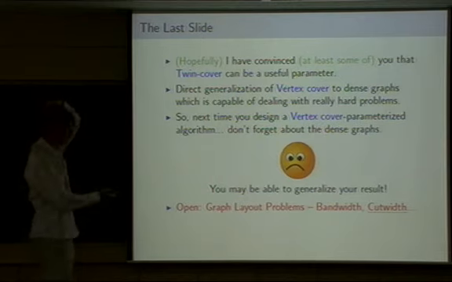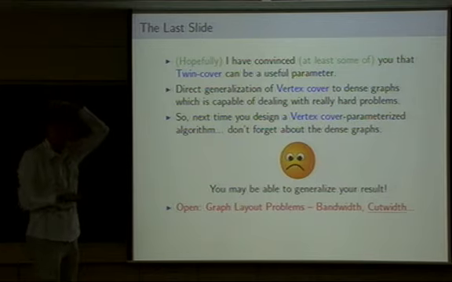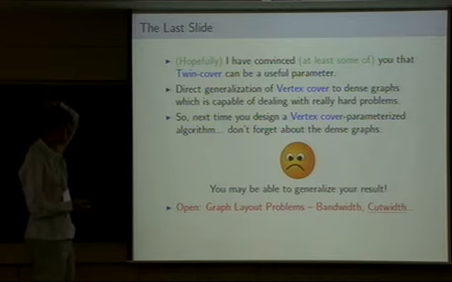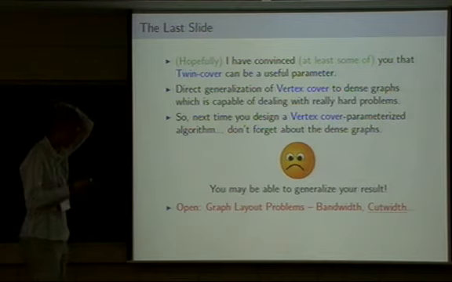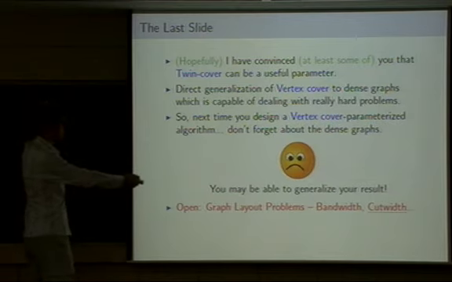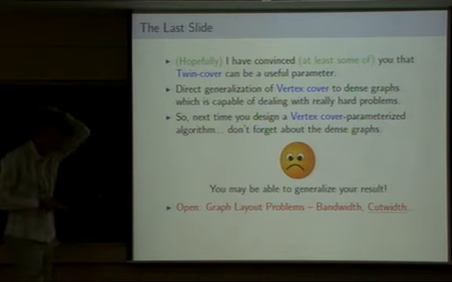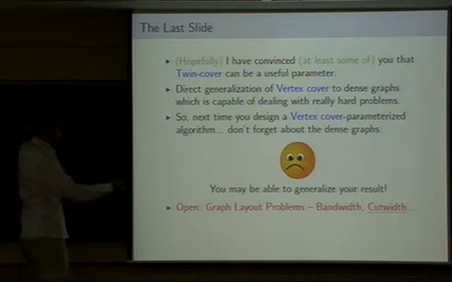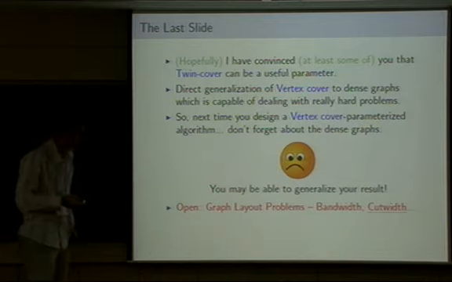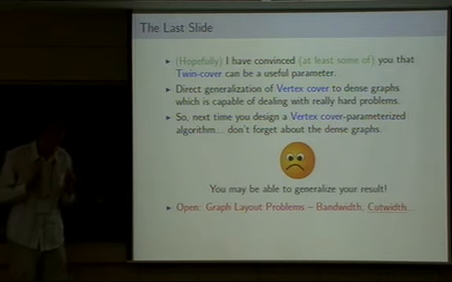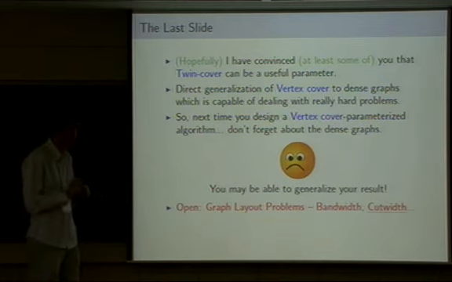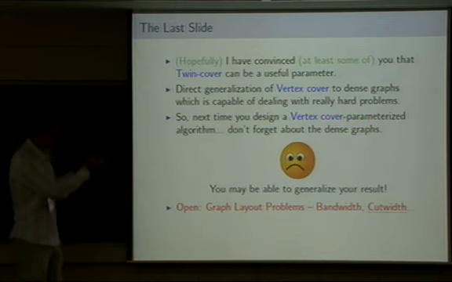And I think there was a paper by Daniel, among other people, at ESA this year, which showed how to do cutwidth on graphs of bounded vertex cover. So hopefully this can also be extended to twin cover. I confess I didn't have time to read the article yet, but I'm hoping this could be done.